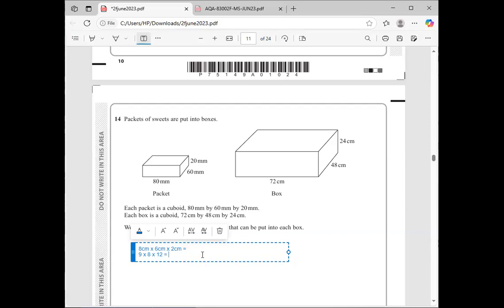Can you help me crunch that with your calculator? 864. 864, and that is the number of packets that can fit each box.